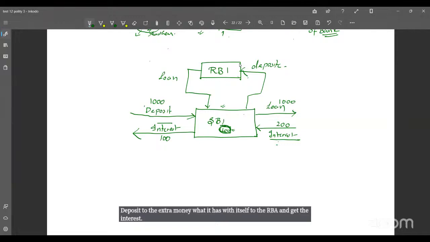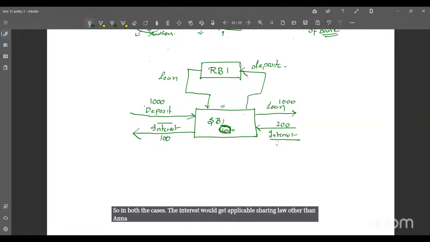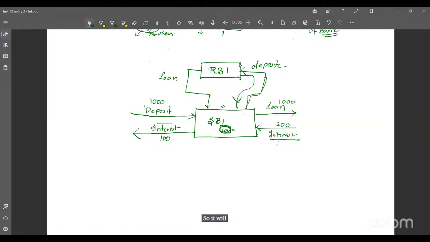So in both cases, interest would be applicable. That is, SBI, in the sense the commercial bank, will deposit money with RBI and get interest.